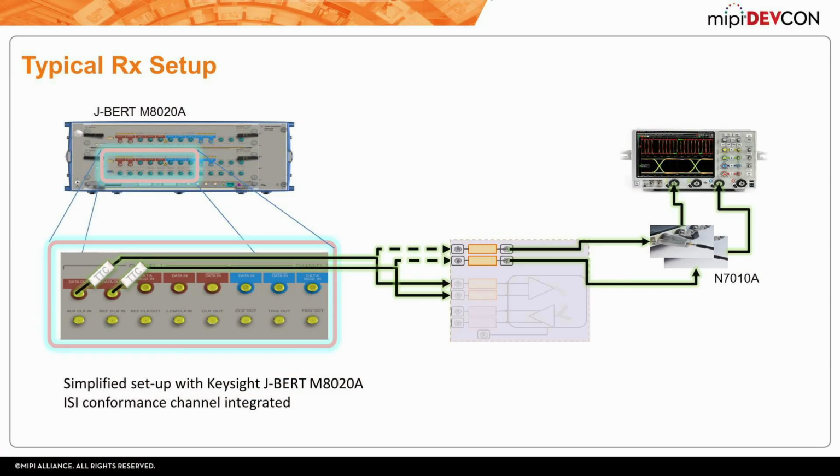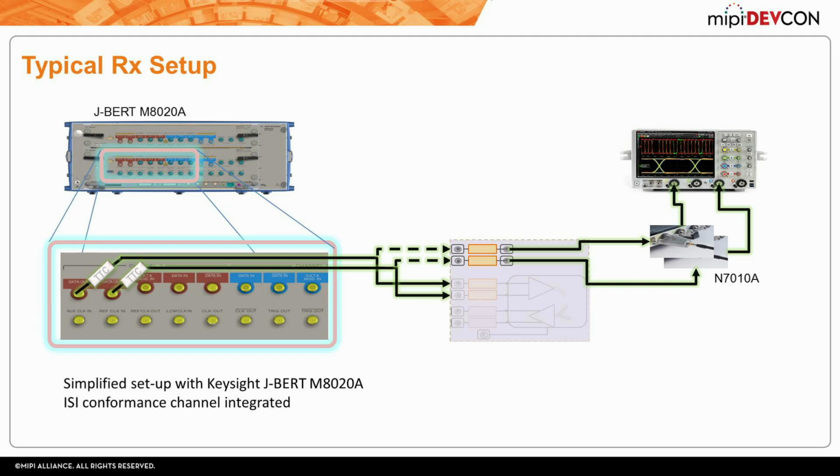Here's an example of a test setup that implements this exact setup. You'll notice that we actually do not have an ISI channel here. The reason is that in this particular Birch, we can emulate ISI through the implementation of FIR filters at the front end of the outputs of the Birch.